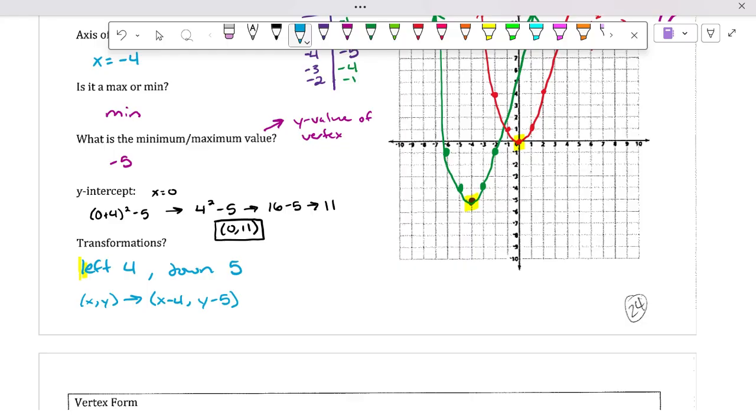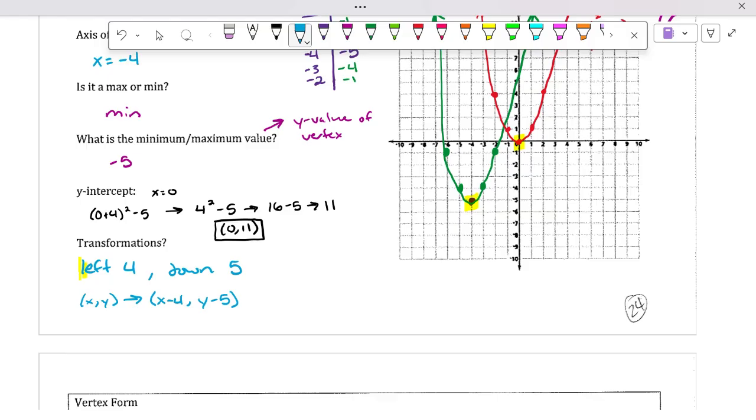What do you notice about how we transformed? What's something that's pretty big about how we transformed? Think about the point that we started with versus the point that we ended with. What point did we start with? (0, 0).